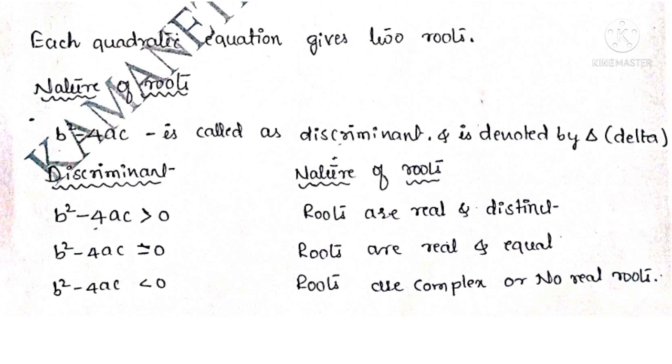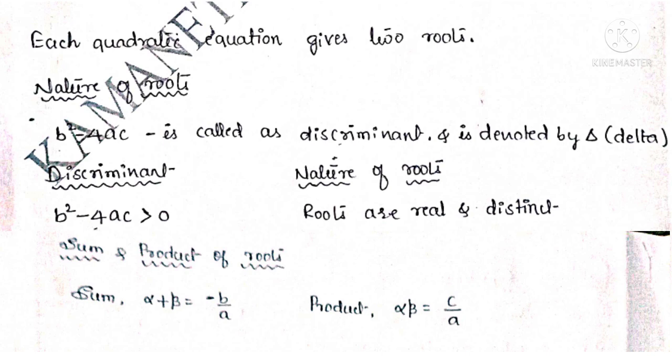If it is equal to 0, then the roots are real and equal. If it is lesser than 0, then the roots are complex, or else you can also call them no real roots.